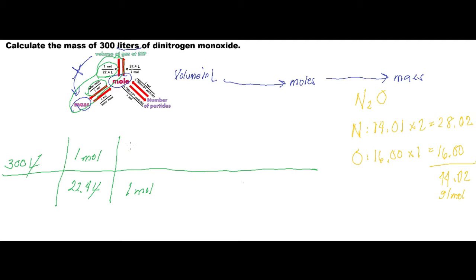Copy the grams here. So cancel this. This will give us 589.553 grams. Since the given has only one significant figure, the answer will be 6 times 10 raised to the second power grams, or 600 grams.